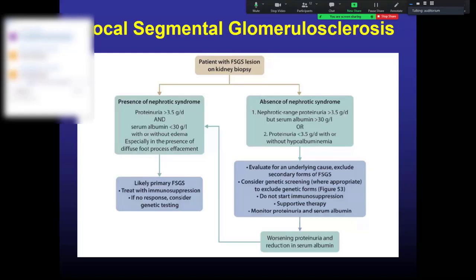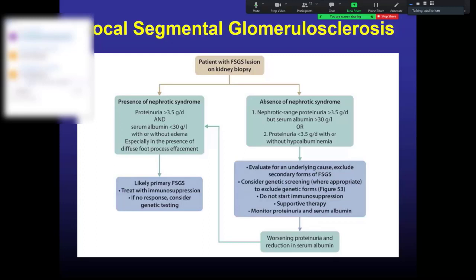So a lot's evolved in the glomerular disease world, as well as other areas of medicine, because of the ability to do genetic testing. So in the absence of nephrotic syndrome, so if the albumin's normal but the patient still has nephrotic range proteinuria, so they may have greater than 3.5 grams per day, but their albumin's 3.5, or if they have subnephrotic proteinuria, you want to evaluate for a secondary cause.